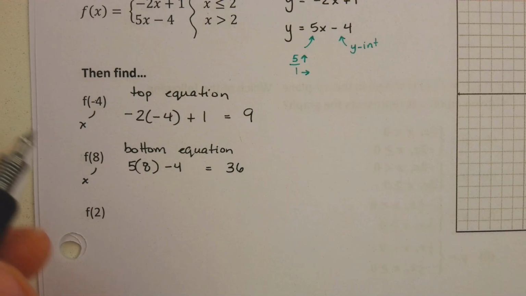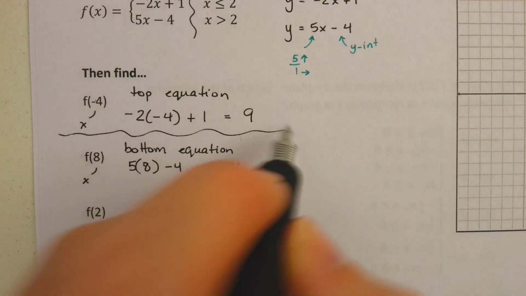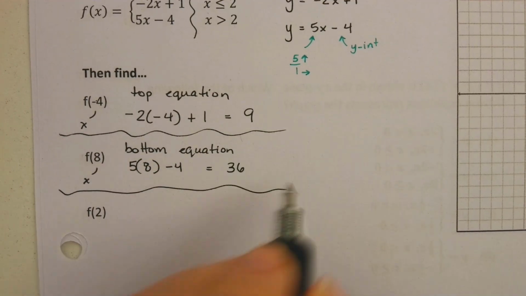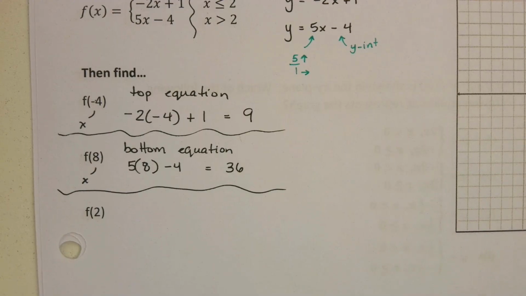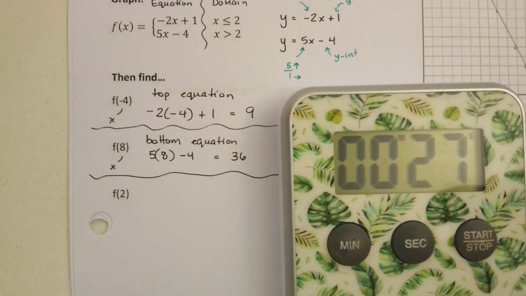I'm going to have you do the bottom one and then put your answer on a whiteboard. You might even be able to see it just by looking at the graph. F of 2. Write that answer, put it on a whiteboard. I'll give us 30 seconds.